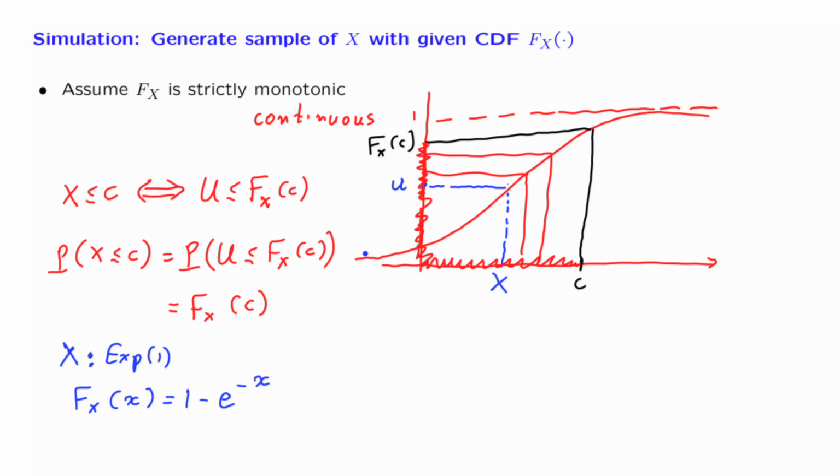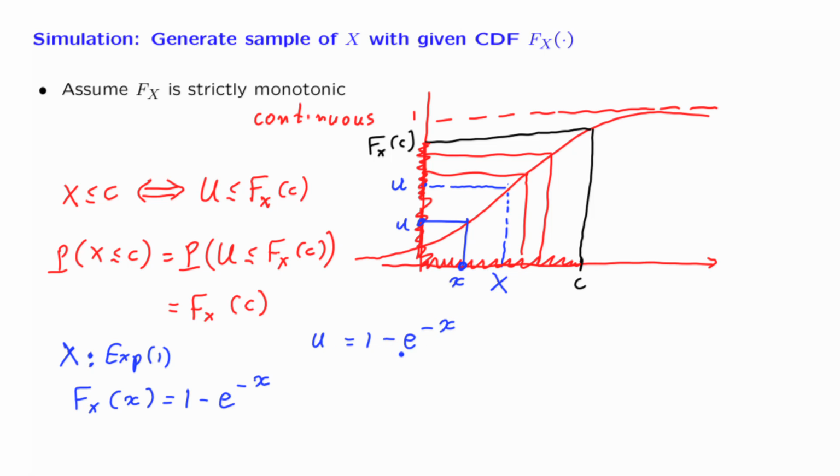Now let us find the inverse function. If a u corresponds to 1 minus e to the minus x, so we start with some x here and we find the corresponding u. This is the formula that takes us from x's to u's.